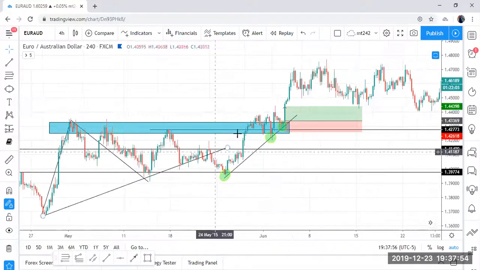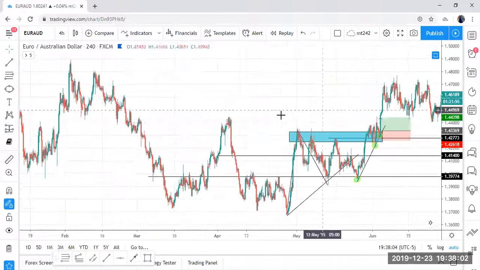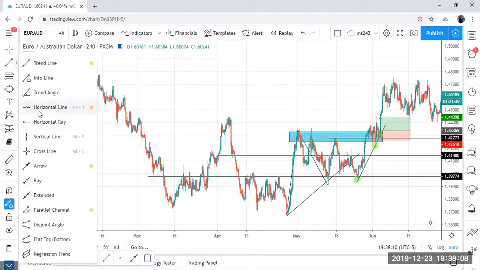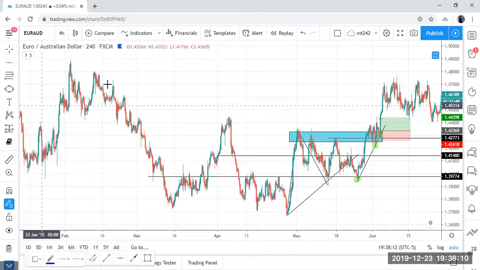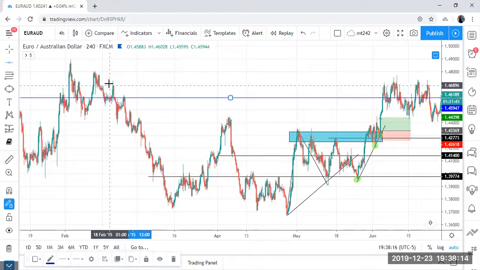Putting my TP here would help me a lot because I see this long wick where price starts to come back down. That's a safe place to get out. If not, we move it up to the next one, up to the next level. Either one, here, here.